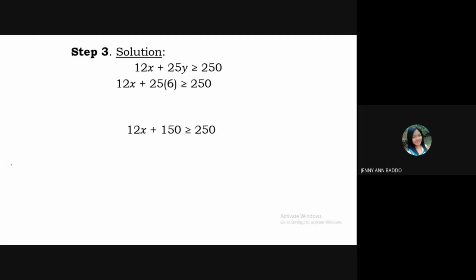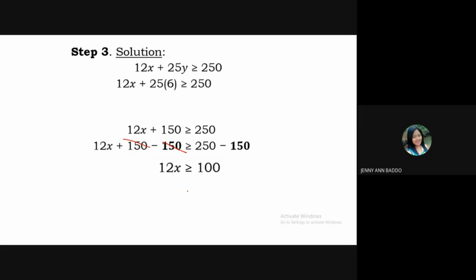And 25 times 6 is 150. Transpose 150 to the right side or subtract 150 from both sides of the inequality. We cancel 150 now. What's left on the left side is 12x, and on the right side we have 250 minus 150, or 100.